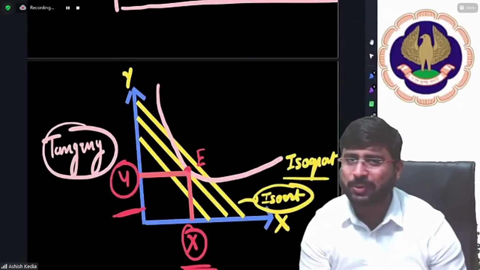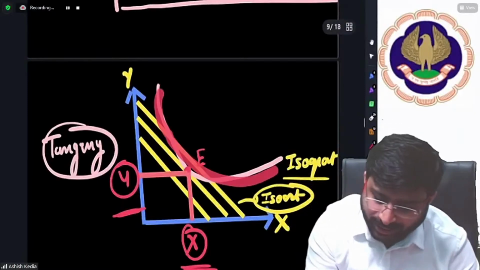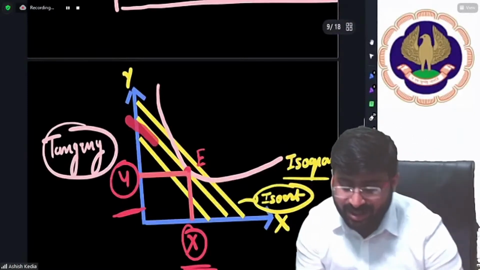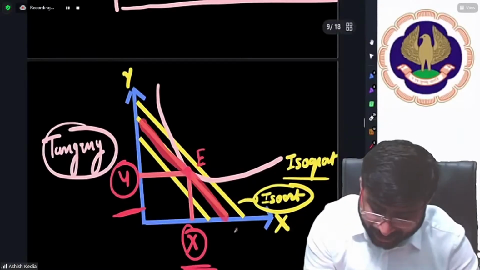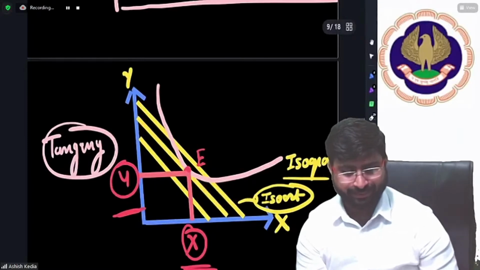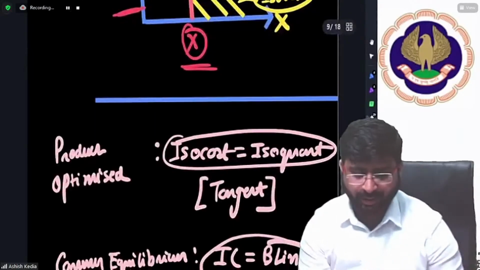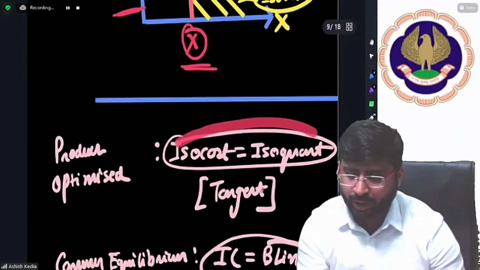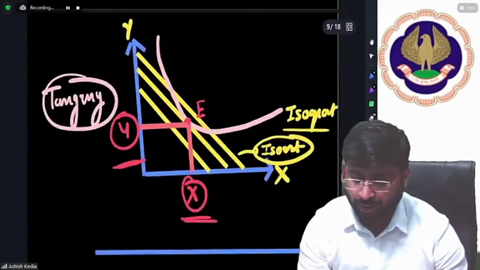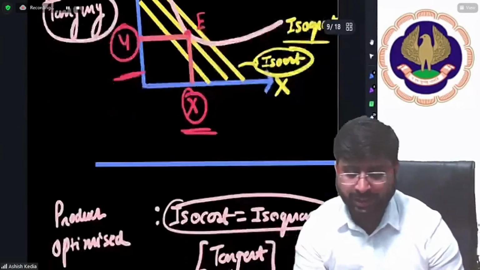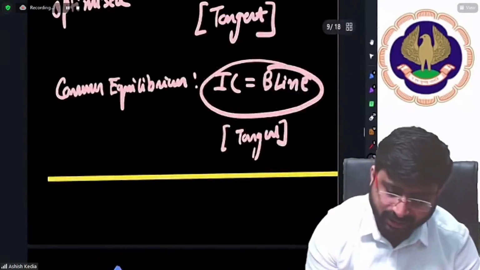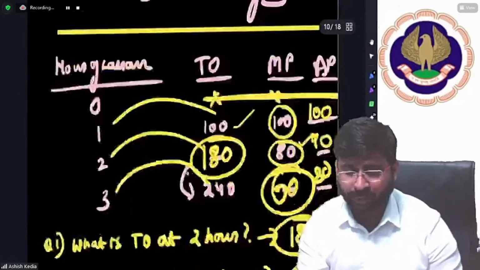That was in consumer equilibrium. Here where the isoquant and isocost meet each other like a tangent. That is the condition. So when isoquant is equal to isocost, that is a tangent, not at 2 points, just at 1 point they meet. Then they are called tangents. And that is the condition of equilibrium to be achieved here.